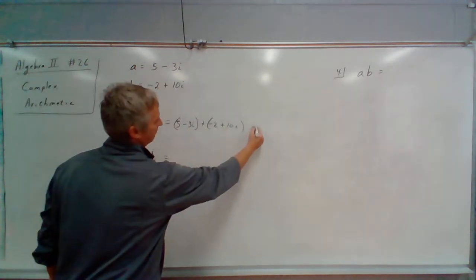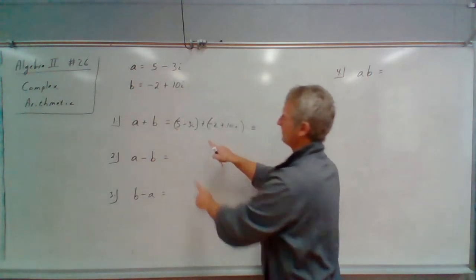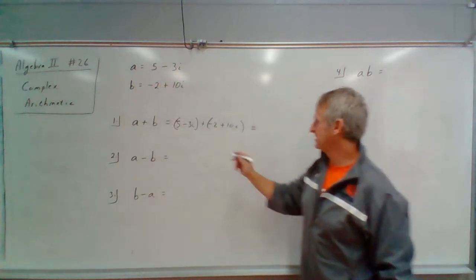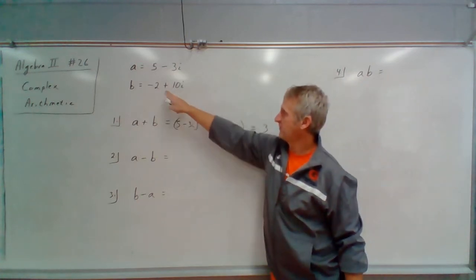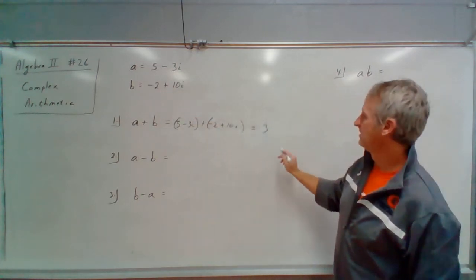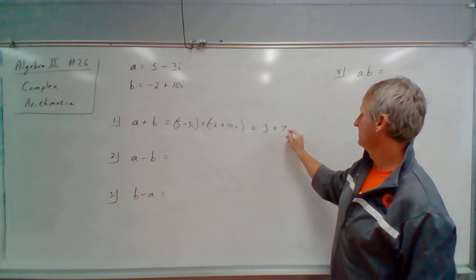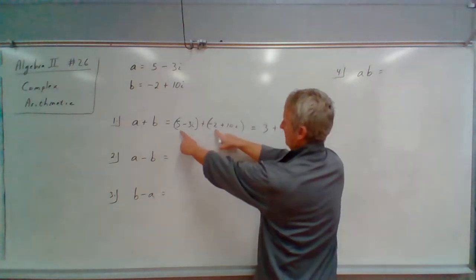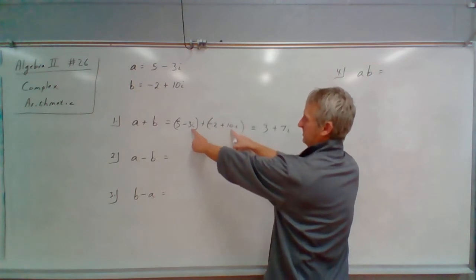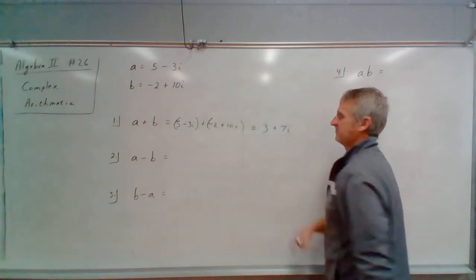So add the real parts, 5 plus negative 2 is 3, and then negative 3 plus 10 is plus 7i.